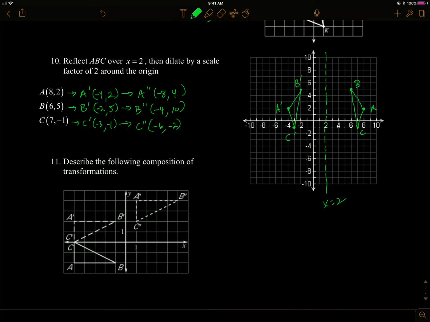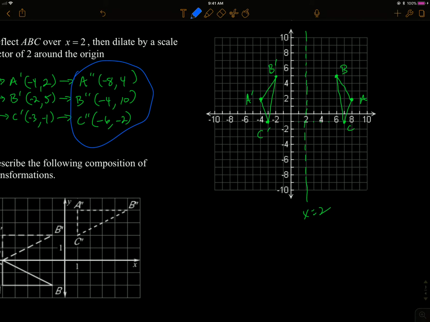All right, let's now go graph those. I'll do those in blue. -8, 4. There's our A double prime. -4, 10. There's our B double prime. And -6, -2.